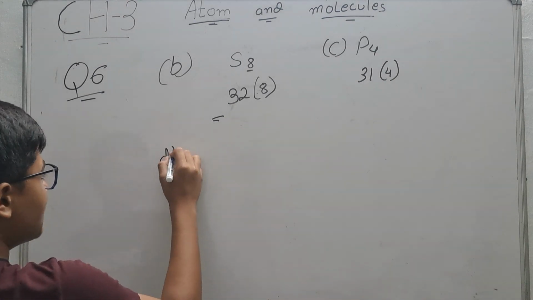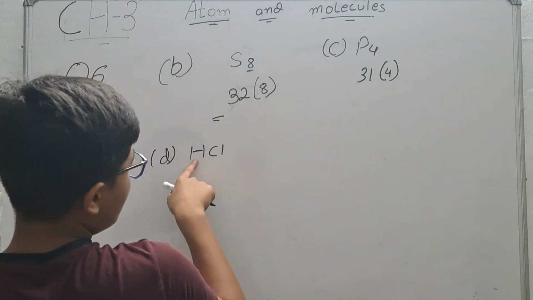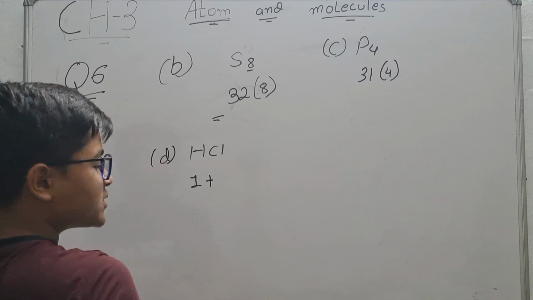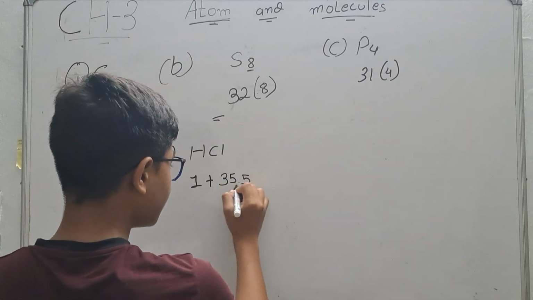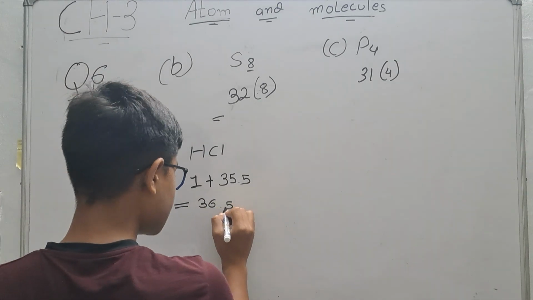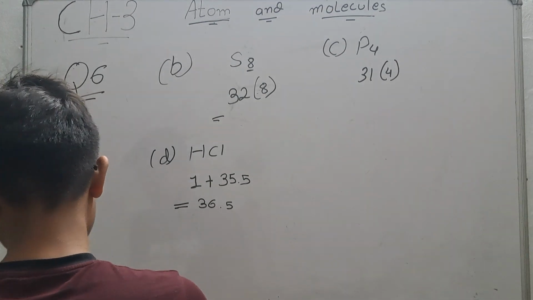Let's see D number. HCl. The mass of hydrogen is 1 and the mass of chlorine is 35.5. What will you get? 36.5. You will get 36.5.